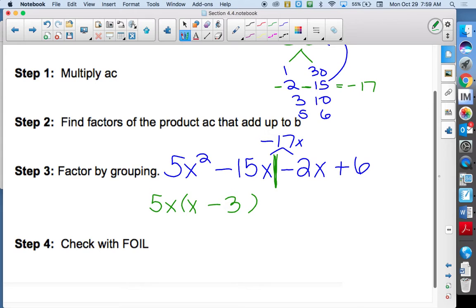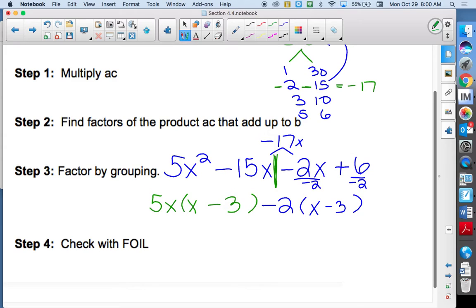So what do they have in common? They have a negative 2 in common. If this term is negative, we pull the negative out with it. And then what do they have in parentheses when you take out a negative 2? X minus 3. So you're taking out that negative 2 because they have it in common.